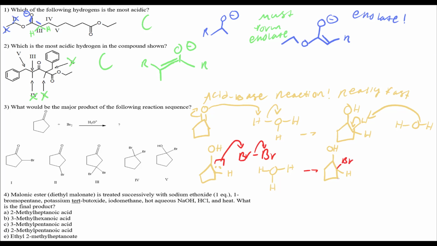You're probably wondering, okay, but what about our hydrogen? Well, there are some electrons right here, and so these electrons can come back in to make a carbonyl, and this hydrogen can pop off, alright? And this bromine can take that hydrogen.